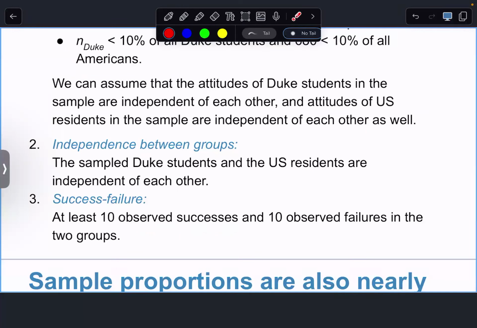Even if, and it's a big if, one of these Duke students was also included in this GSS survey, that's rarely going to happen, and that's only 1 or 2, so it's not going to introduce dependence. So we assume these two groups are independent of each other.